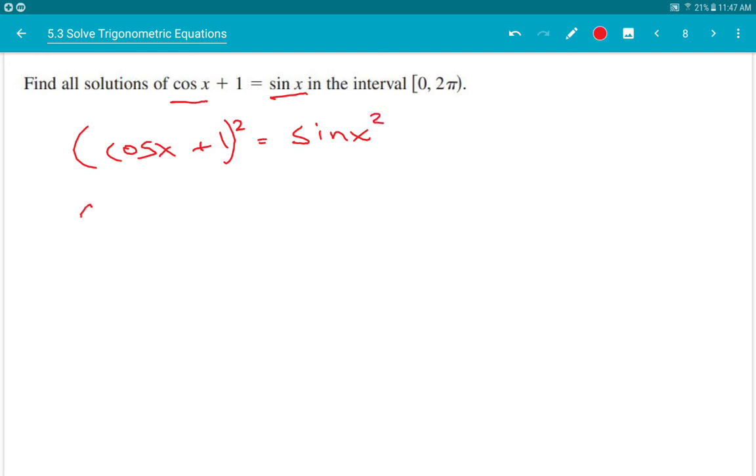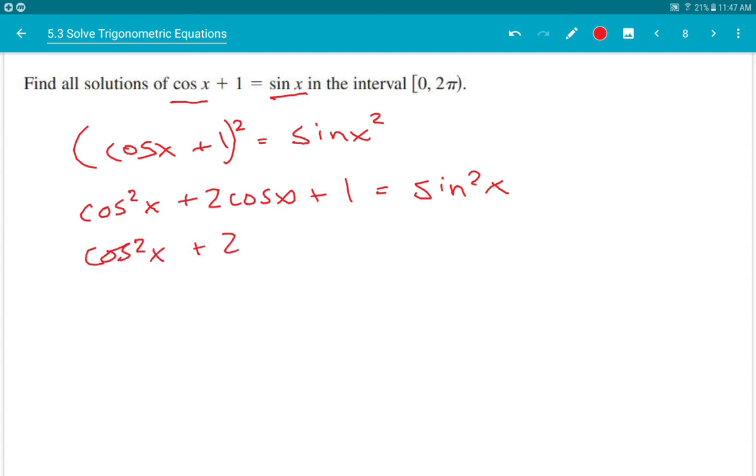We're going to get cosine squared x plus 2 cosine x plus 1 equals sine squared x. Now, does it make sense to convert sines into cosines or cosines into sines? I think it makes more sense to take this sine squared and convert it into a cosine squared.